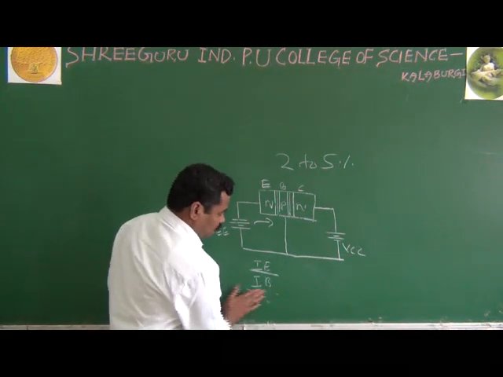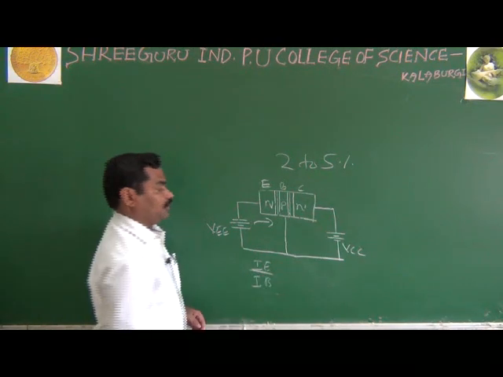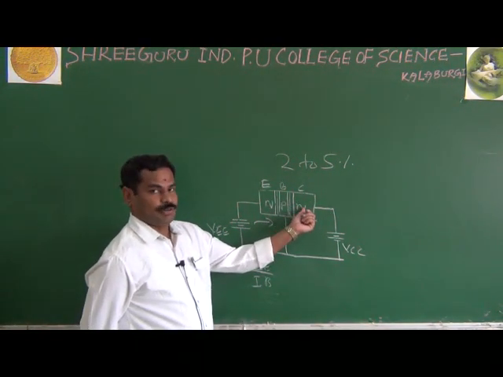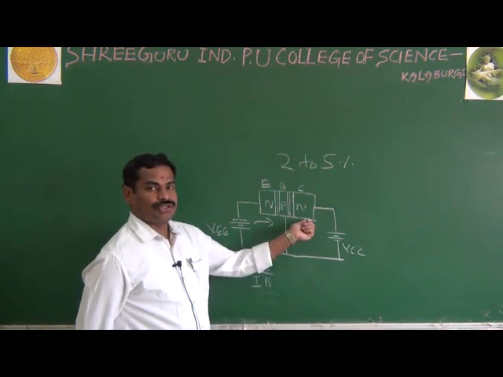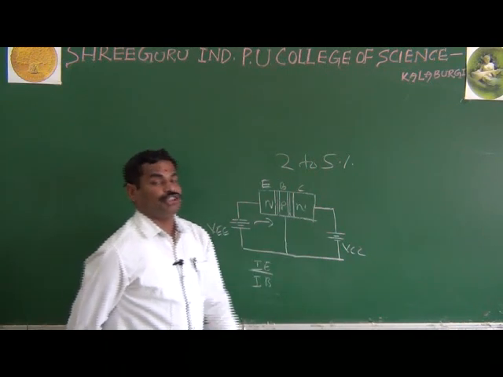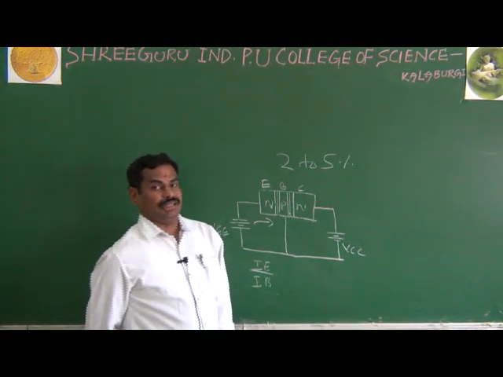And what about the IC? Here you have the reverse bias, as we know already, in the collector-base section. We also know the important function of the collector: to collect the charge carriers.